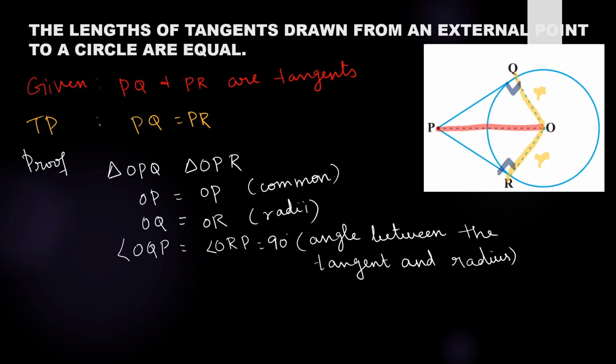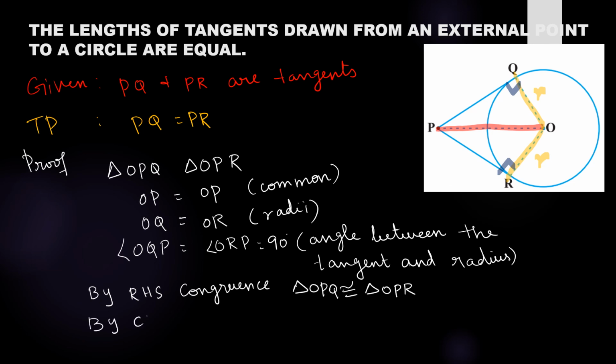So by RHS congruence, triangle OPQ is congruent to triangle OPR. By CPCT, corresponding parts of congruent triangles, PQ equals PR. Hence, we proved the theorem. Thank you.